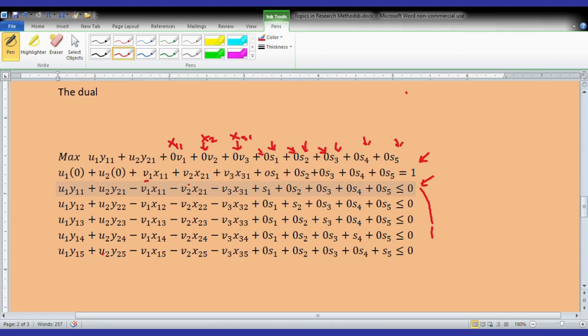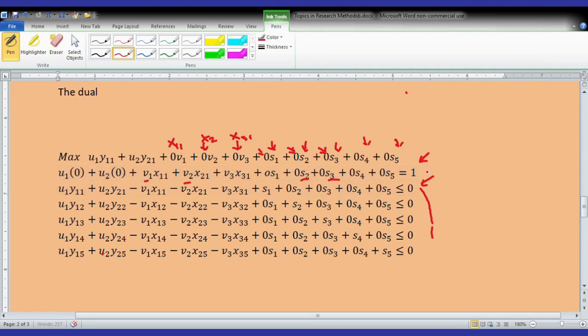This weight variable v2 is having a coefficient equal to x21, and similarly v3 is having a coefficient x31. And because this is a strict equality, this slack is associated with the first constraint, so its coefficient is 0 here. This slack is associated with second constraint, its coefficient is 0 here. Third constraint, coefficient 0. Fourth constraint, coefficient 0, and so on.